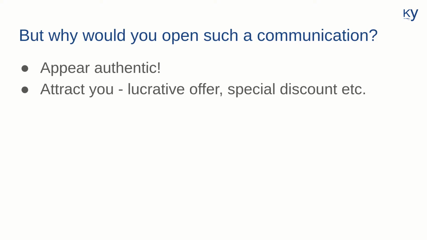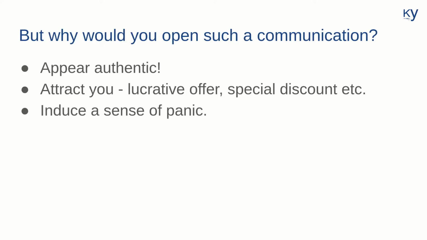The second important technique that these attackers use is to offer you some kind of lucrative award. For example, if you're getting an email from your shopping website sent by an attacker, it will contain something like an 80% discount on your favorite product. Or it could be an email from Apple saying that if you fill out a certain form, you may stand a chance to win the next iPhone or iPad.